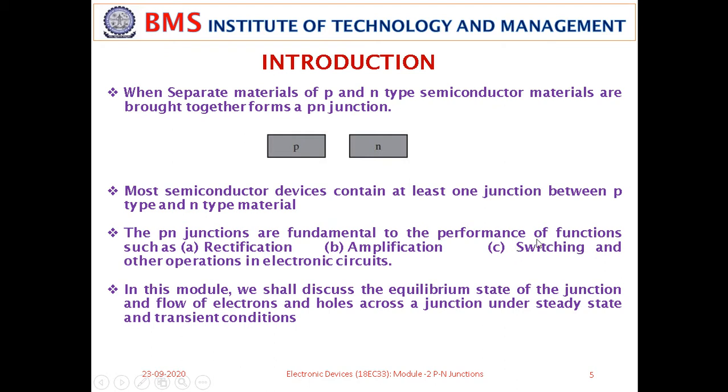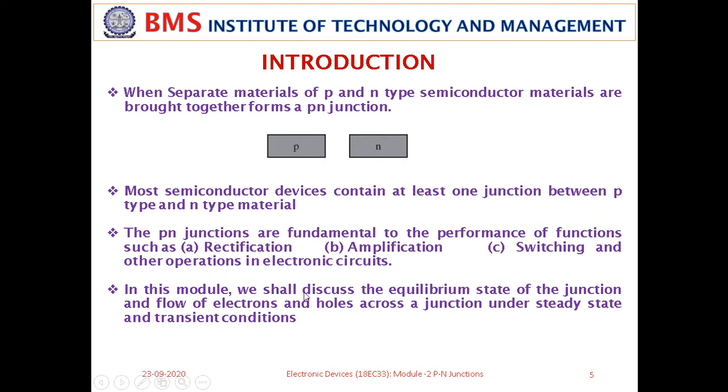When you want to make a fast electronic switch, which switches at the electronic speed, then you can use a PN junction. And also there are a variety of operations in electronic circuits where we can use PN junctions. So in all these applications like rectification, amplification, switching operations, we use PN junctions.